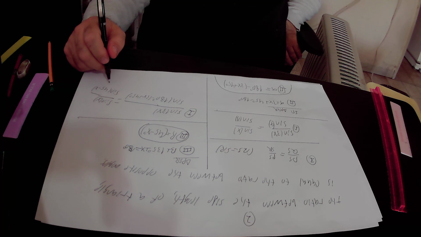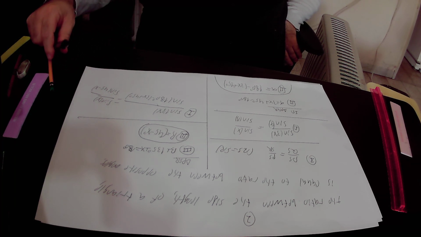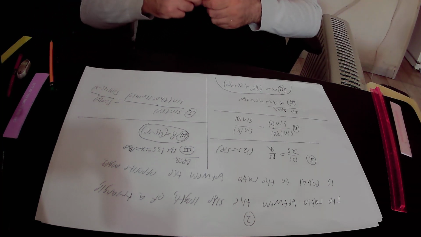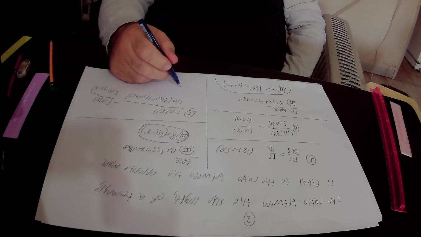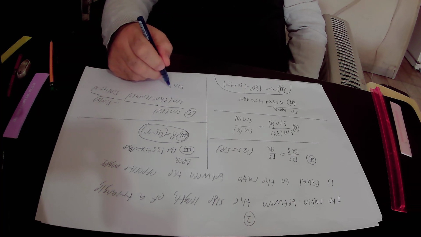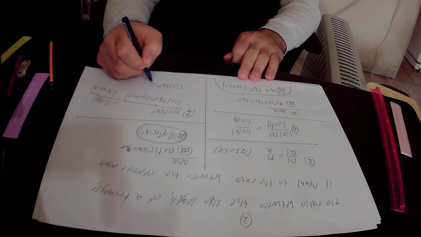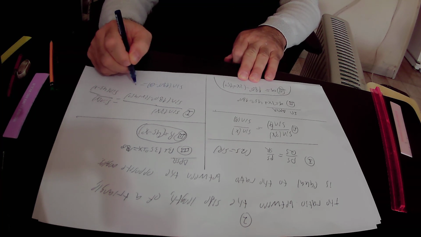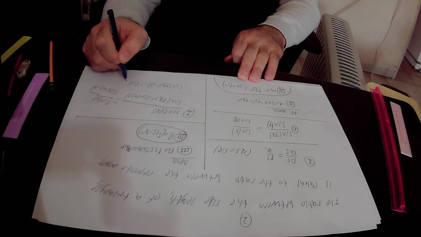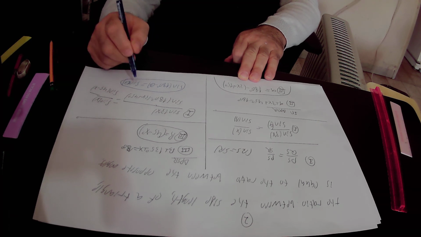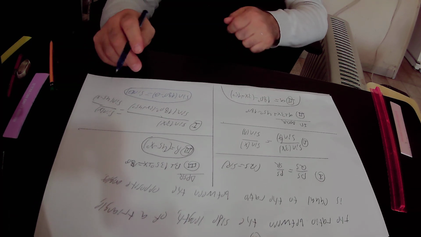and we also have the trigonometric identity that sine 180 degrees minus theta equals sine theta. We will use this trigonometric identity in order to simplify equation number 1.